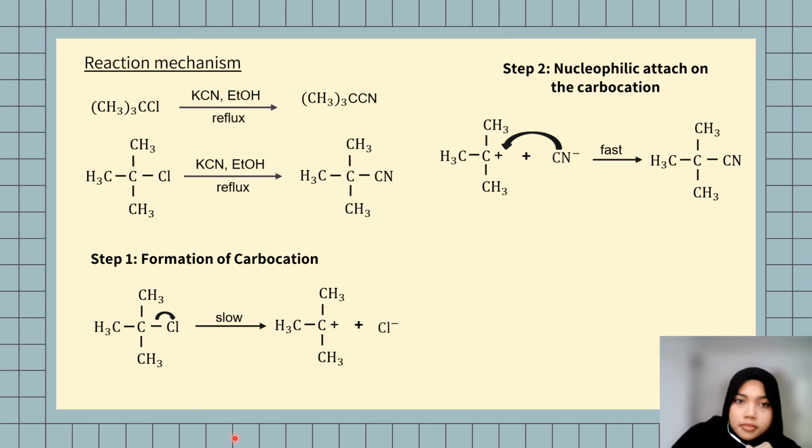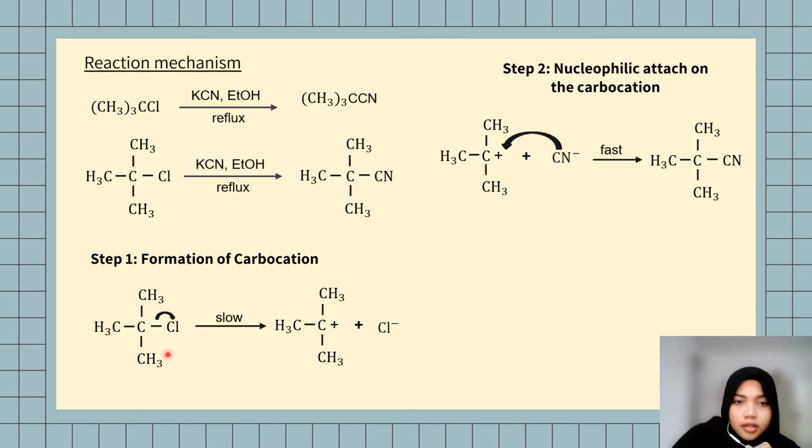SN1 mechanism involves 2 steps. So isomer A, which is 2-chloro-2-methylpropane, will undergo reaction with potassium cyanide, ethanol and reflux to produce this product, which is the last product you will get here. So let's move on to step 1, which is the formation of carbocation.